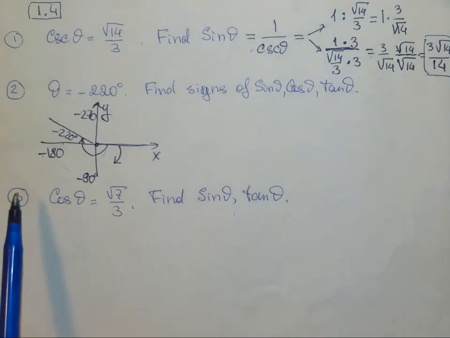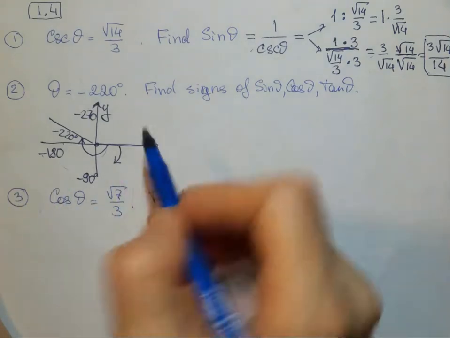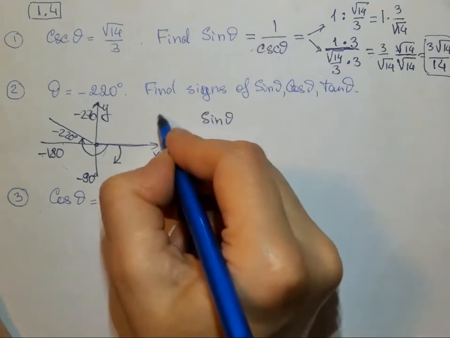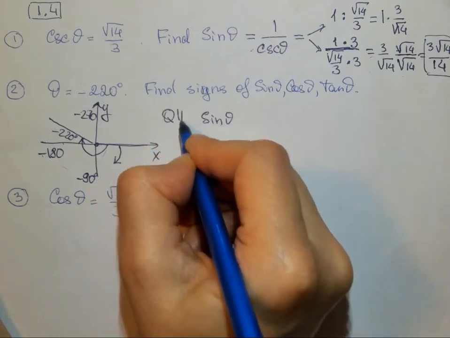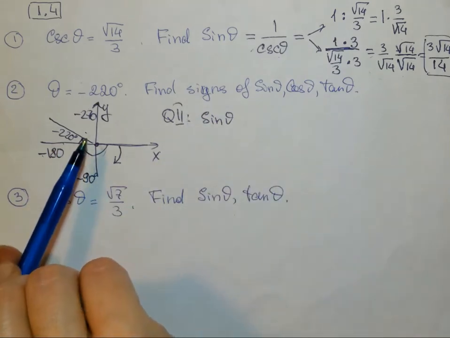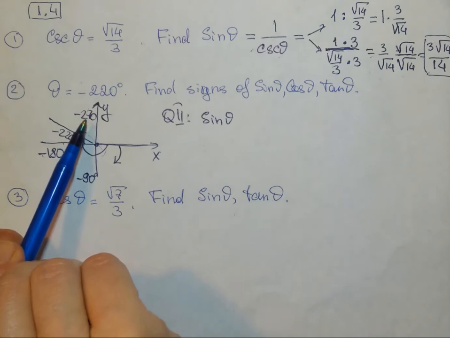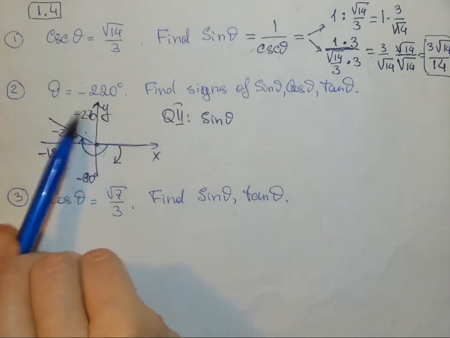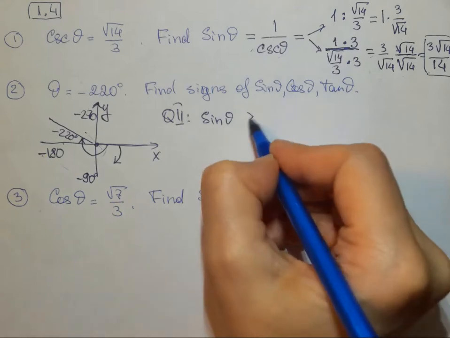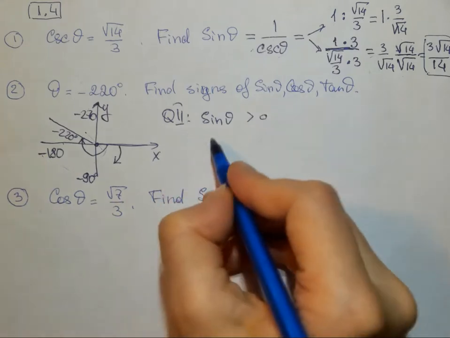Now we can tell all the signs. Sine of theta in quadrant 2: sine of theta is connected with the y coordinate. Y is positive above the x-axis, so sine is positive.